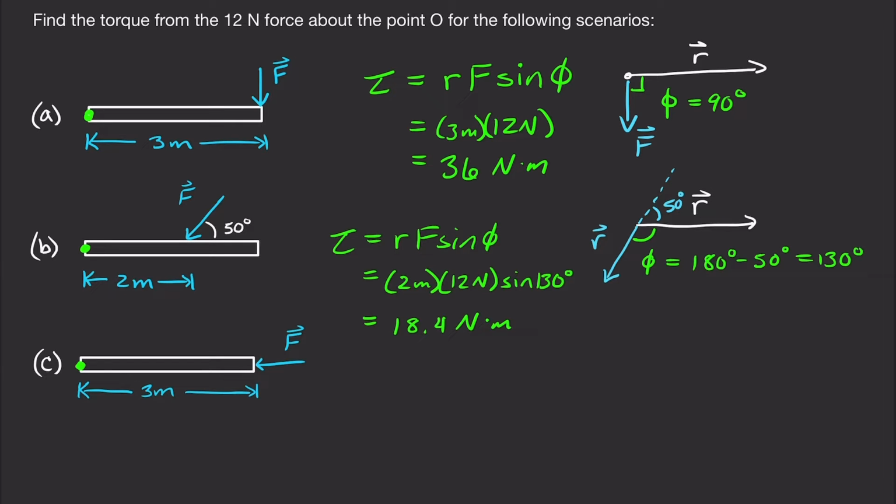It's along our vector R. So just to show, if I draw my vector R, it's still from the pivot point to the right where the force is being applied. If I go back to that point and draw my force F, then these are 180 degrees apart. And since sine of 180 degrees is 0, this means that our torque is going to be 0.